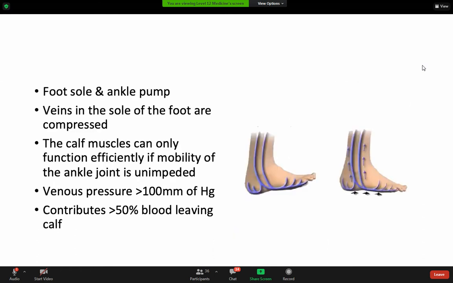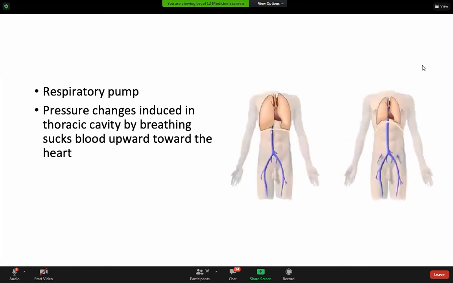Also the foot and ankle pump as well, it will help and contribute to more than 50% of blood leaving the calf. Respiratory pump, usually with the change in the pressure in the thorax, by breathing and changing the pressure in the thoracic cavity, most of the blood will be sucked upwards towards the heart.